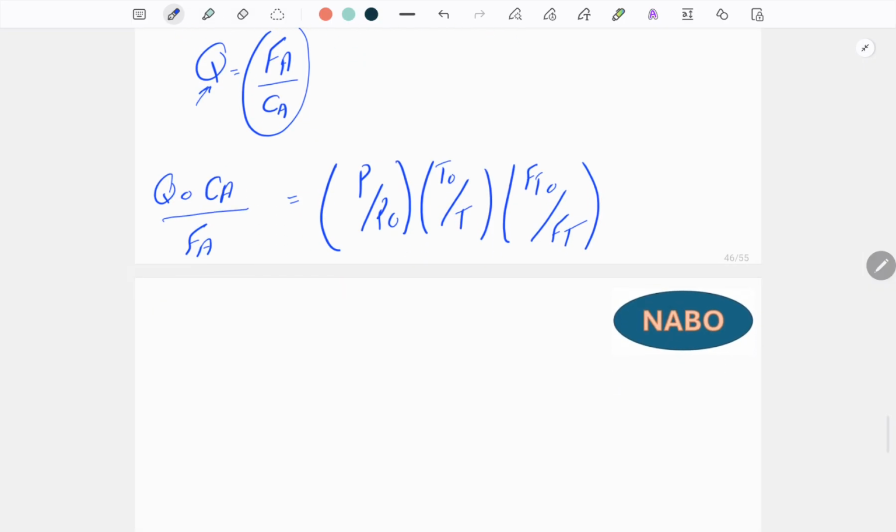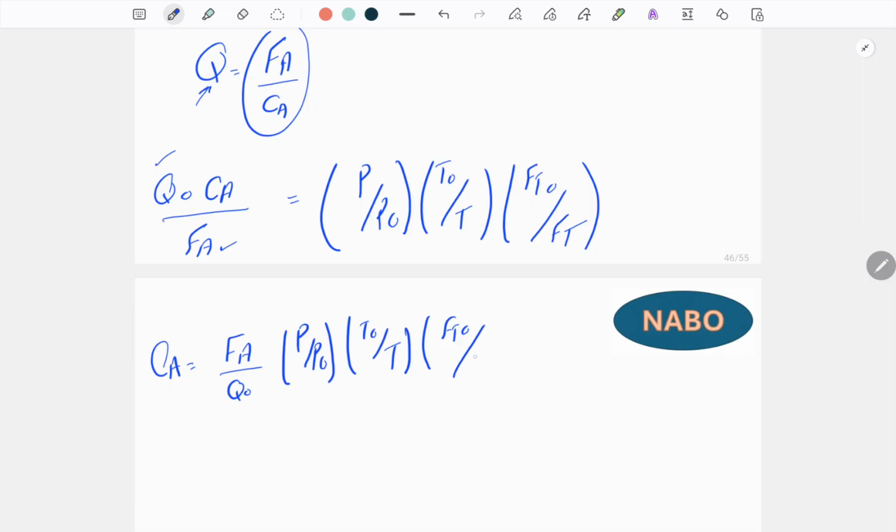Now we're going to isolate for Ca, so we're going to take these two terms to the right side. Therefore, Ca equals Fa divided by Q naught times P over P naught, times T naught, the initial temperature, divided by T, the final temperature, times Ft naught over Ft.